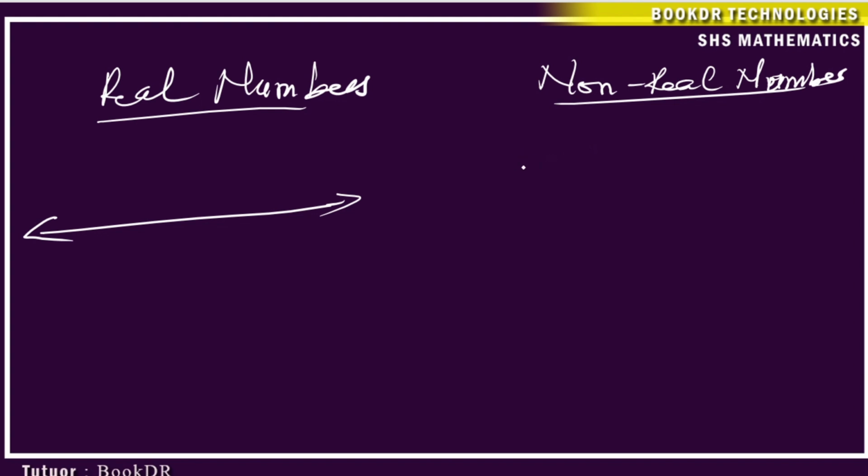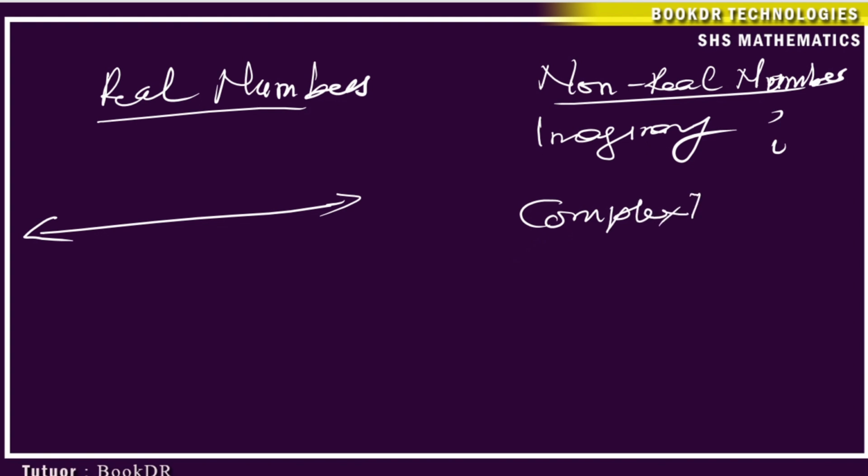Non-real numbers are imaginary numbers, numbers that cannot be represented on the number line. We have the imaginary number, mostly denoted by the letter i, and then we have complex numbers. These numbers are not real, and as such cannot be represented on the number line. So we will focus our attention on the real number system.